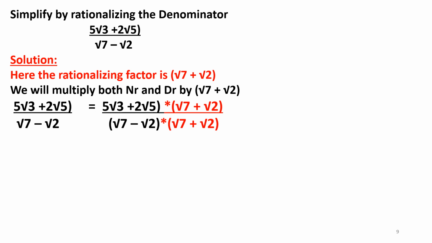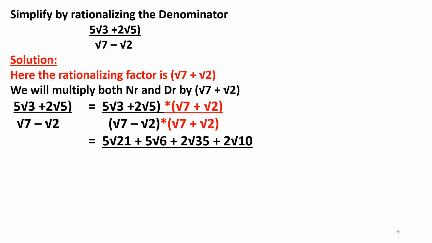See the numerator, 5 root 3 plus 2 root 5 into root 7 plus root 2. Here, each and everything you have to multiply. See how we are going to multiply. 5 root 3 into root 7, then 5 root 3 into root 2.